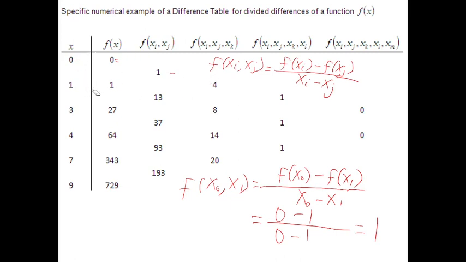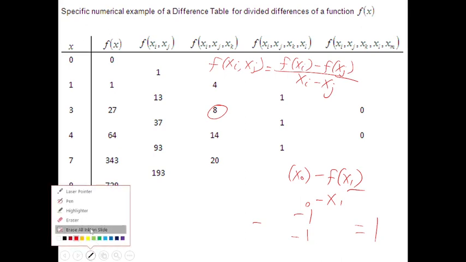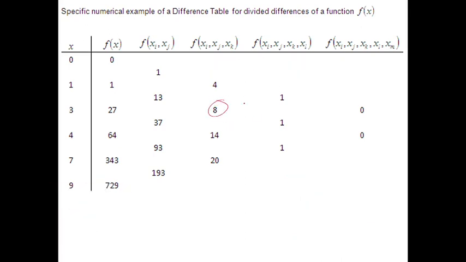Another example, let's try 8. How did we get 8? So what is 8 here? This is f of what?